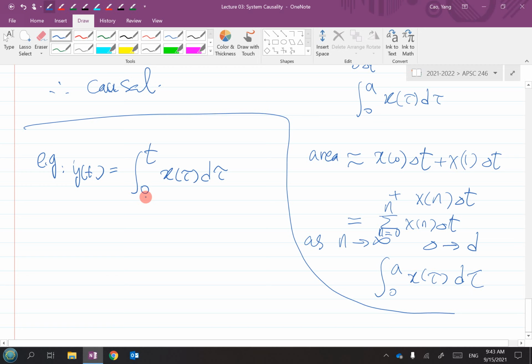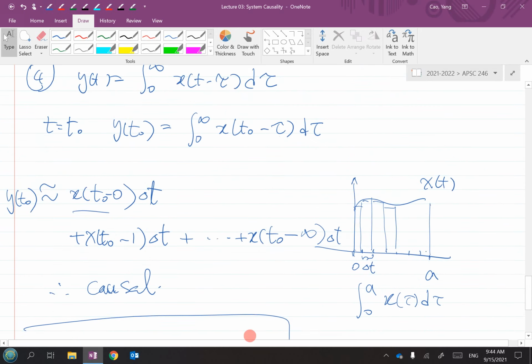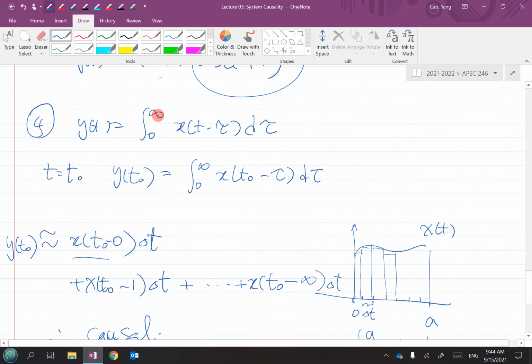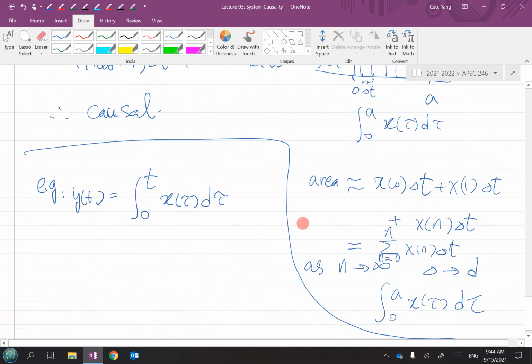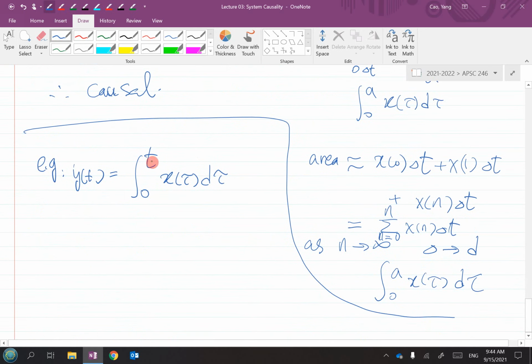So the difference here is you have a variable t here, a little bit different from this one, where the integral limit is literally a number, infinite. Your t resides inside the integral. But here, your output t comes from this integral limit t.